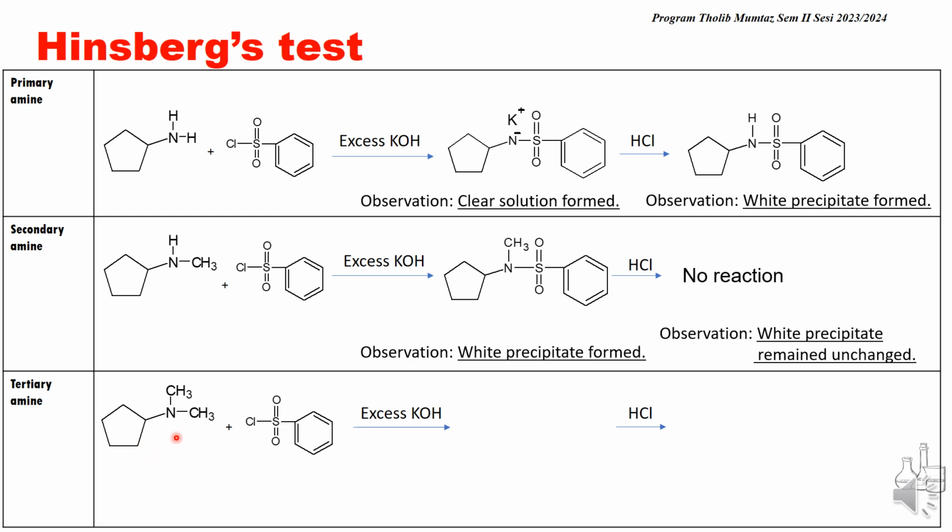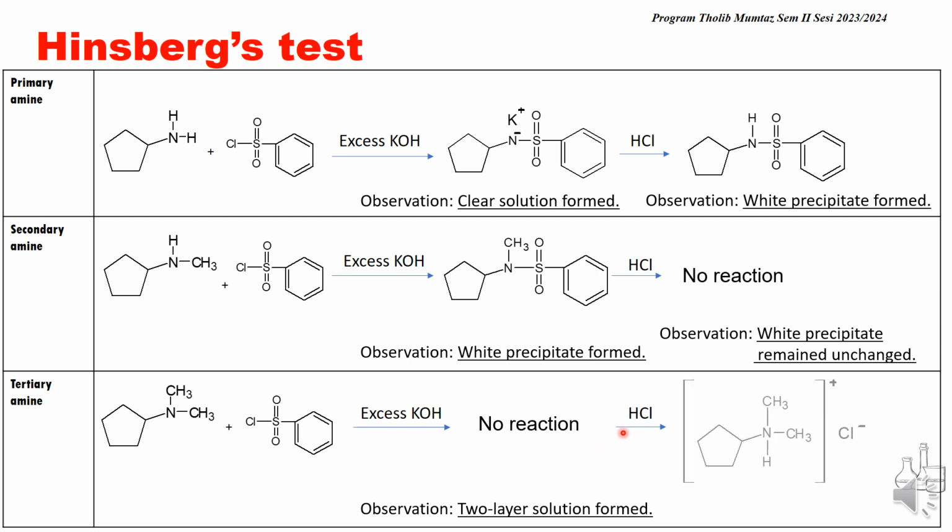Next, we have tertiary amine. Now, in this case, because tertiary amine has no hydrogen attached to it, it will undergo no reaction when reacted with benzene sulfonyl chloride in the presence of excess KOH. So the no reaction should be observed as two-layer solution formed.